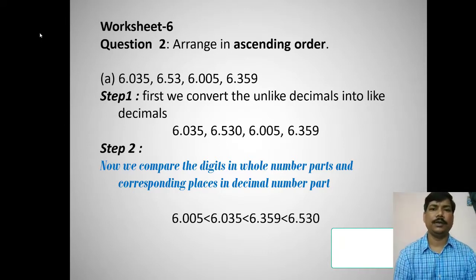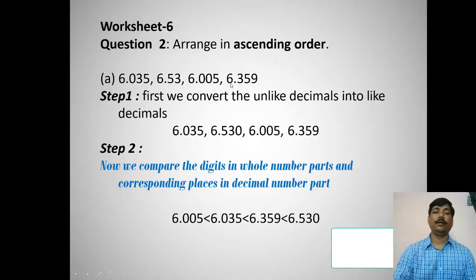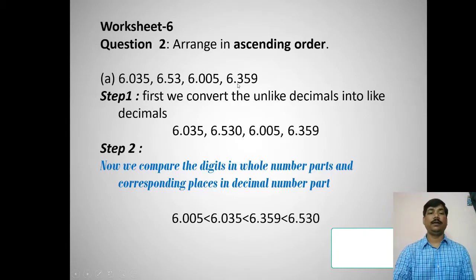Now we will compare the decimal numbers and write them in ascending order. Here are written some decimal numbers: 6.035, 6.53, 6.005, 6.359.